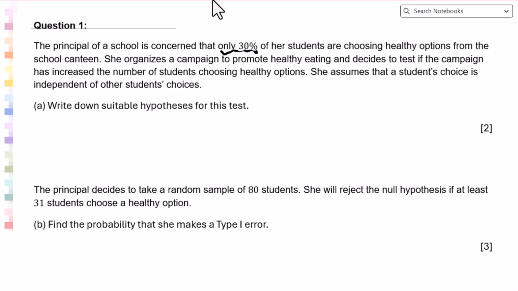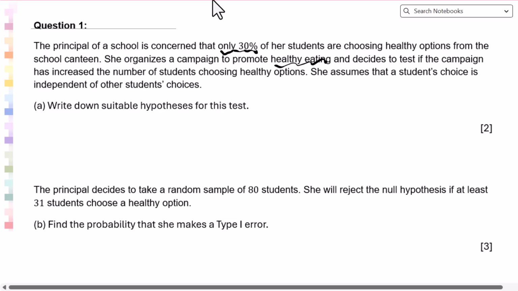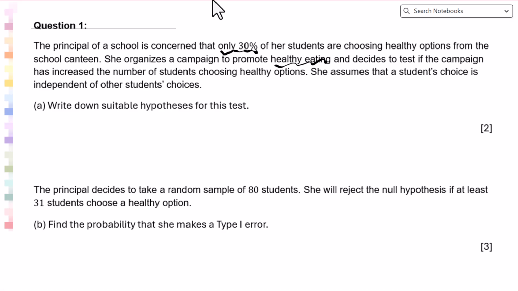She organizes a campaign to promote healthy eating and decides to test if the campaign has increased the number of students choosing healthy options. She assumes that a student's choice is independent of other students' choices. Write down suitable hypotheses for this test.